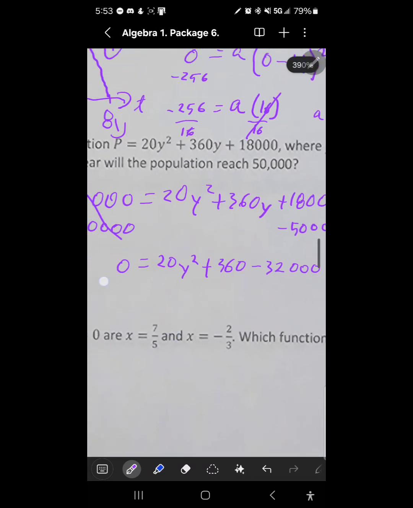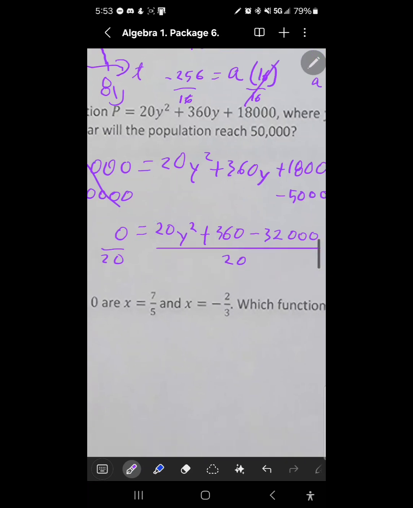Now, remember what I told you? We can divide both sides by 20, so we can delete the 20. So we have easier calculation. So 0 divided by 20 is just 0, then 20 divided by 20 is 1, so y squared. Well, this is 360y. 360 divided by 20 is gonna be 18.